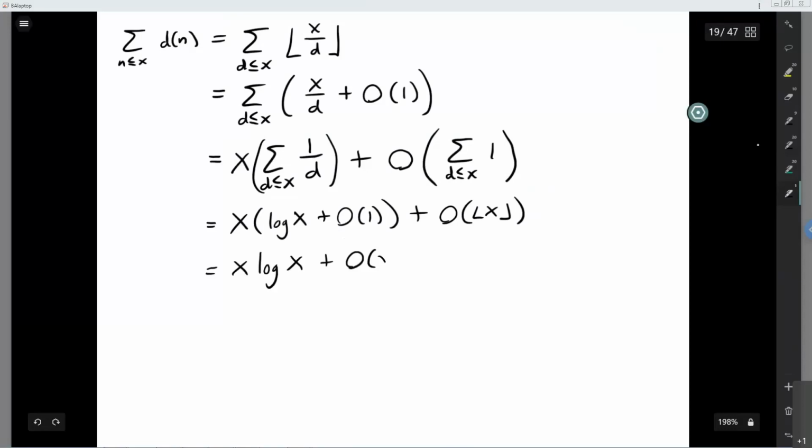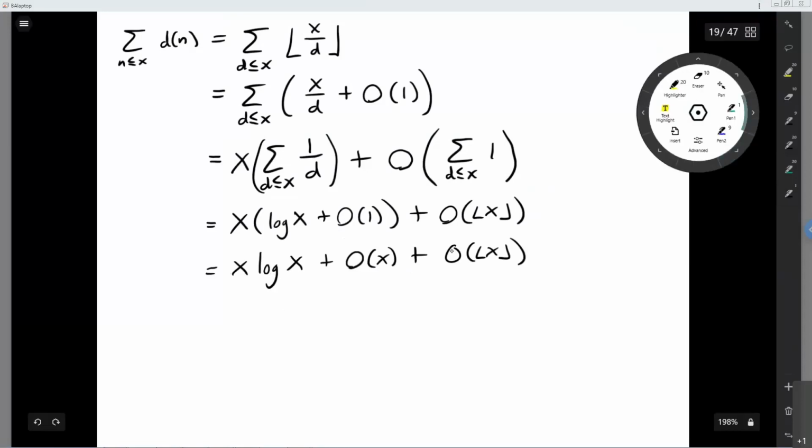So if we distribute this x, we get that the sum of the divisor function is equal to, well, this x log x function, which is what we expected from our calculus work, plus an error term of the size of one of these two functions.